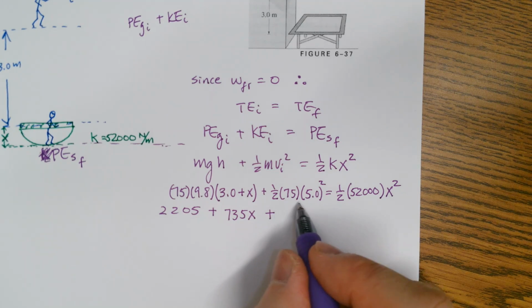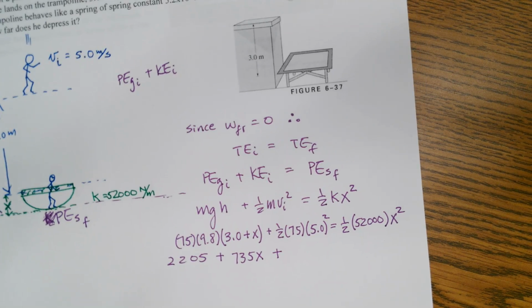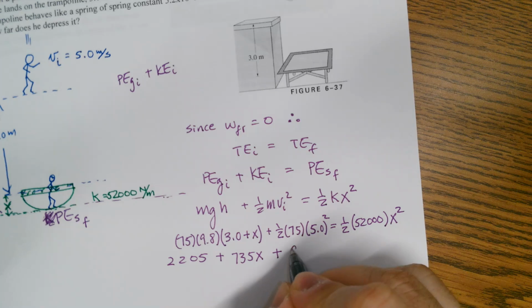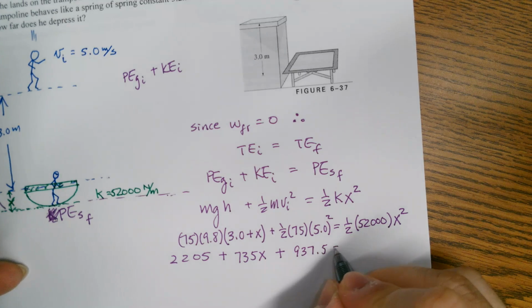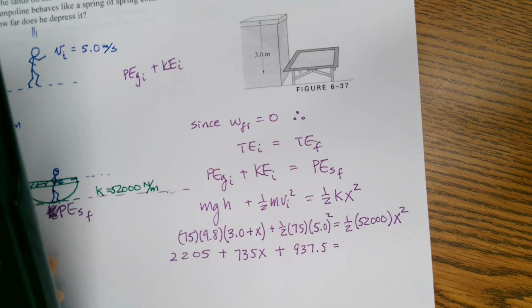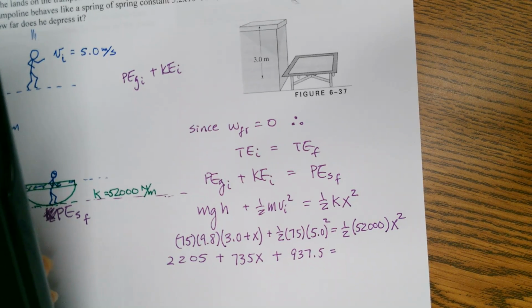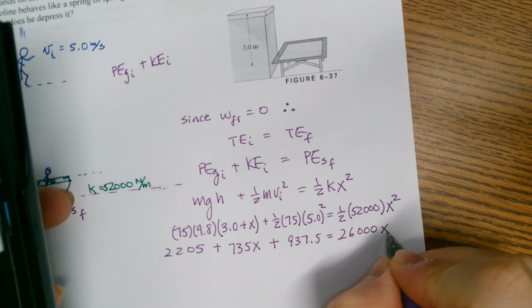So what is that? 1/2 times 75 times 25, and you get 937.5, is equal to this. So 52,000 times 0.5 is 26,000 x squared.